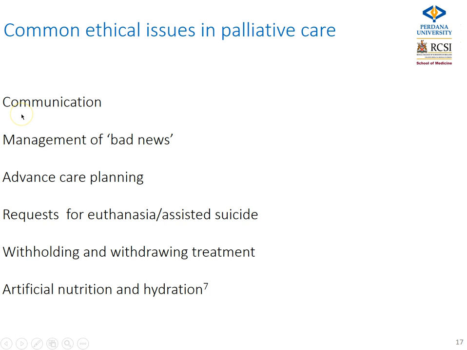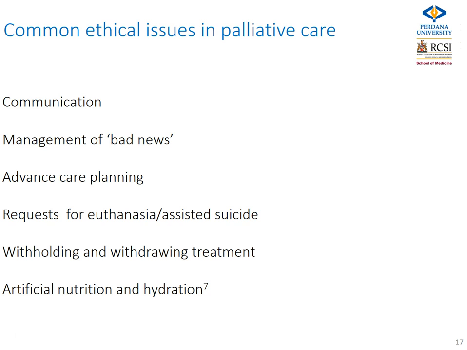Ethical issues arise commonly in palliative care, particularly in relation to communication. For example, does the doctor communicate with the patient only, or the patient and family, or the family only and not the patient? How does the doctor manage bad news? A worsening of the prognosis, for example, or giving the initial diagnosis.